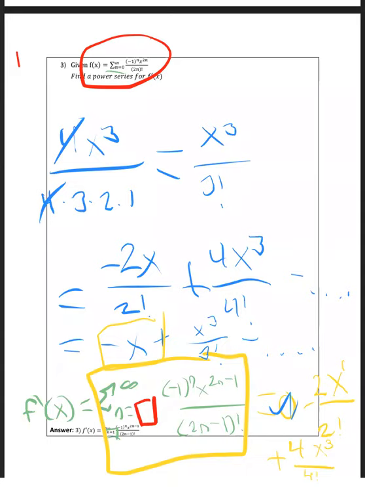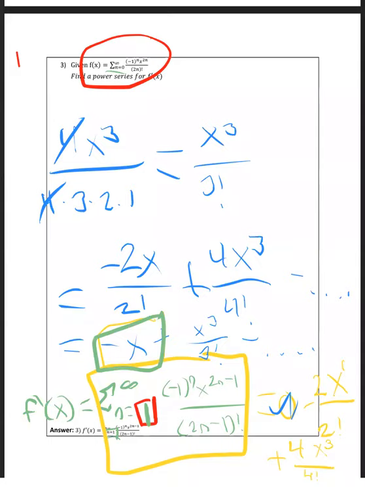So what n value will give you negative x when you plug it in? 1. And that's why the answer is 1. What n value over here will give you this term? It's 1. Yes. Okay, perfect.